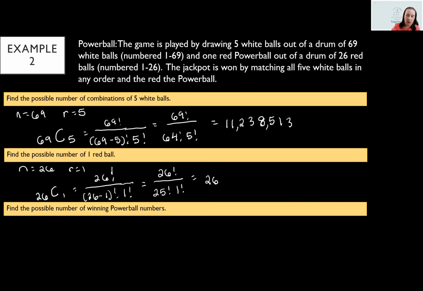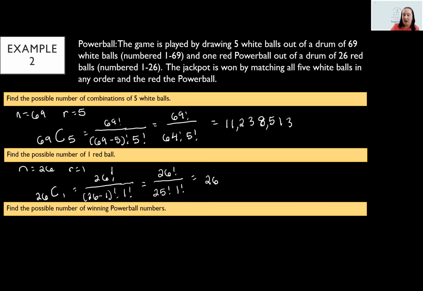If you're only choosing one thing and you've got 26 to choose from, of course there's 26 different ways to do it. You don't even really need the formula here, but you can see that the formula does get you to the correct answer if you just think about it mentally. There are 26 ways to pick one number out of 26, if you're only taking one of them.